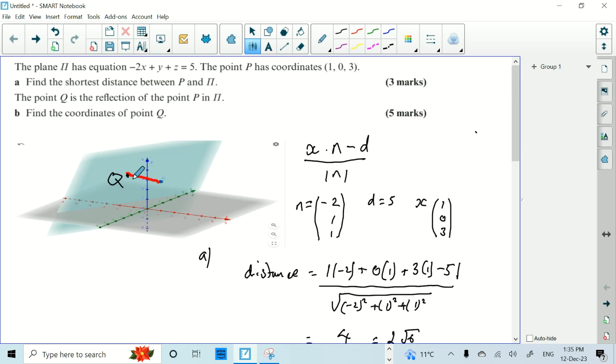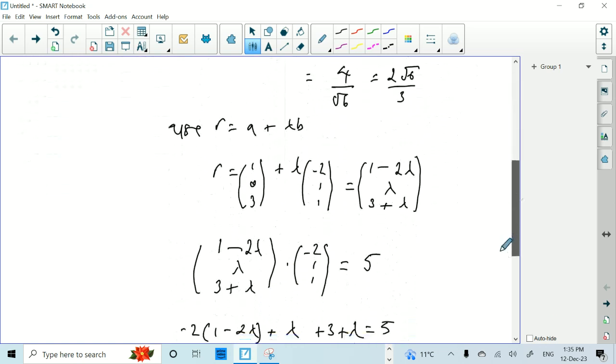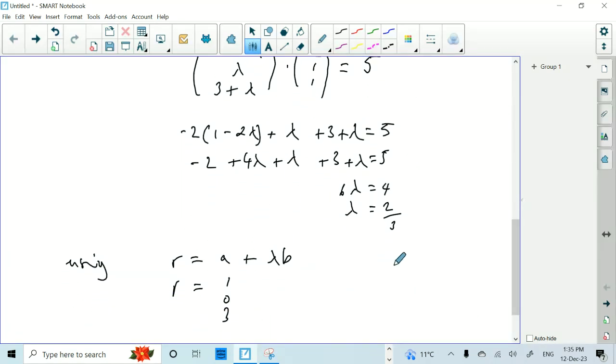It's going to be equidistant. So if we call the point on the plane M, P to M is going to be the same distance as M to Q. So the distance from P to Q is going to be double lambda. So we've got to multiply lambda by 2.